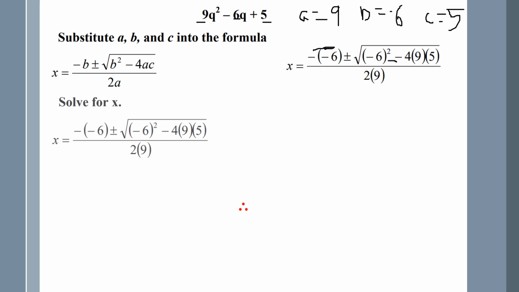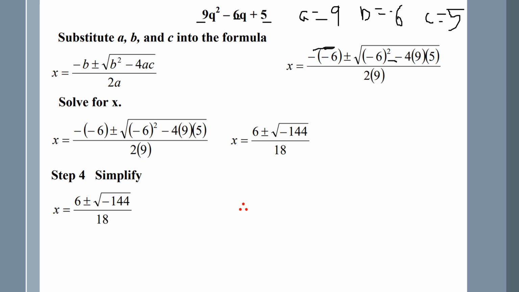And when you work inside the radical, you should have gotten -144 when you worked it from the inside. And the two negatives make 6 positive. 2 times 9 becomes 18. And then you simplify. And again, your biggest exponent is 2, but watch out now, you have a negative number in the square root.